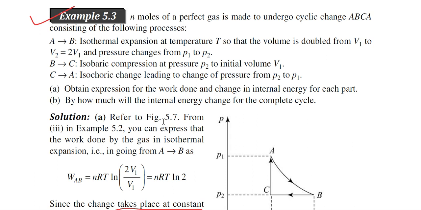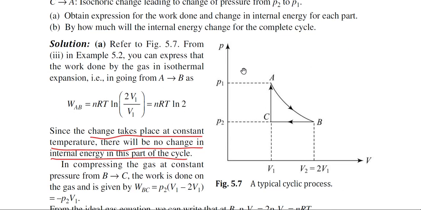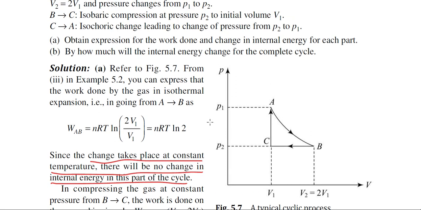Now, let us start with another problem. n moles of a perfect gas are made to undergo a cyclic change ABCA consisting of the following processes: A to B, then B to C, then C to A. This is a problem where the process is cyclic, and in this book there are different types of problems with cycles, whose parts may be of different types.